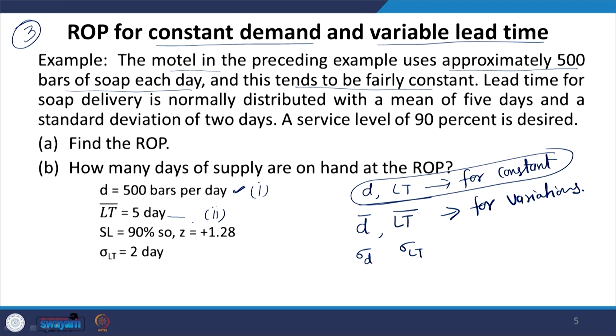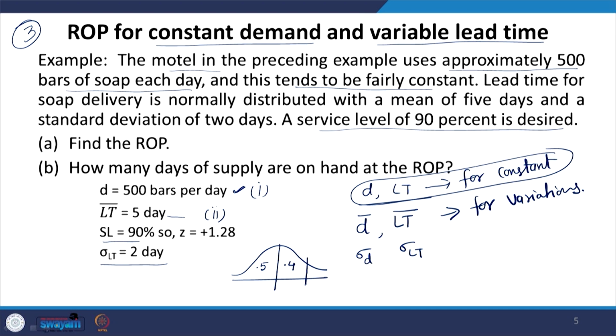Then, with a mean of 5 days and a standard deviation of 2 days, sigma LT is given as 2 days. A service level of 90% is desirable, so you can take care of 10% stock out risk. Again, you have this normal distribution curve, this area represents 0.5 and now you are taking only 0.4 of this side.